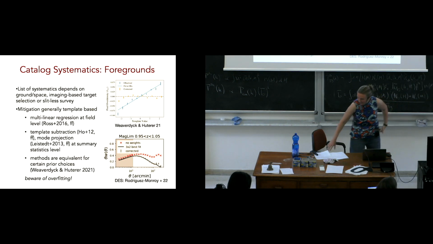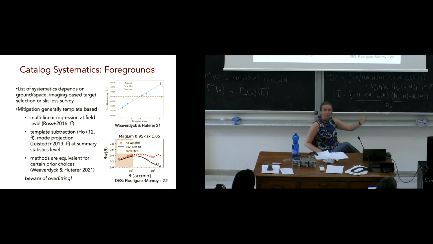That gets, of course, slightly more complicated when there's multiple different systematics at play. And then compared to doing this regression at field level, one can also subtract the template 2-point function, say, from the power spectrum measurement, or project out given modes.